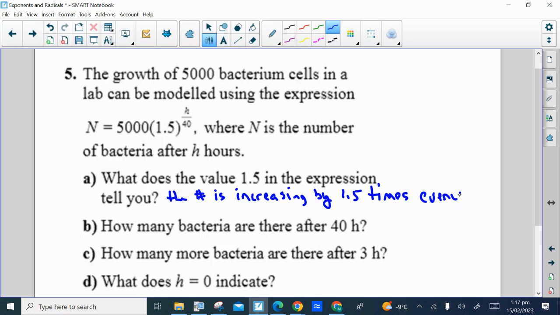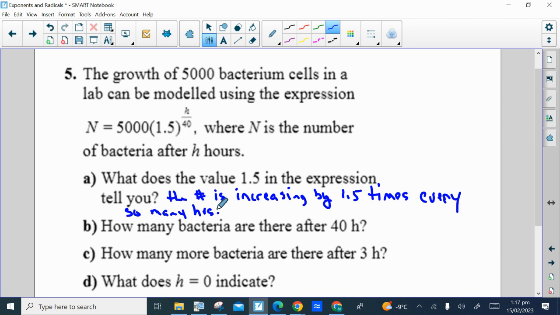We don't know yet what those hours are. Every so many hours. That's what the base means. The base tells you what the multiplication factor is. We saw some yesterday where the base was 2 because something was doubling every so many hours or days or weeks, whatever the case was.